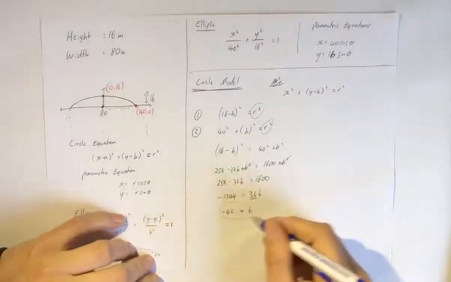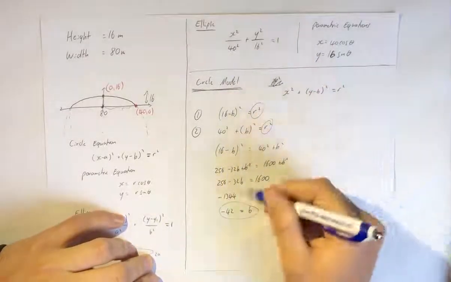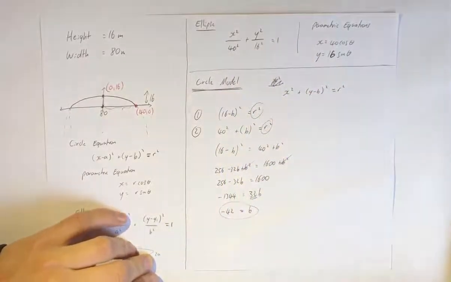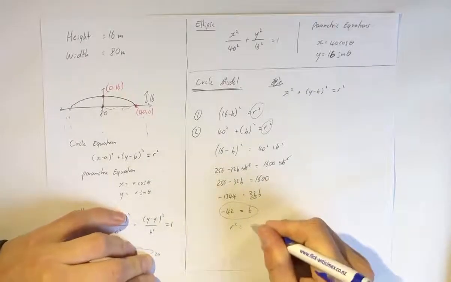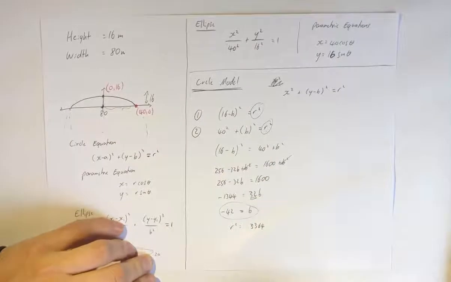So I can just take this and plug it into either of these. So I might just plug it into the second equation. So if I get 40 squared plus 42 squared, and then I square root that, well, I don't need to square root it, but r squared is actually 3364.